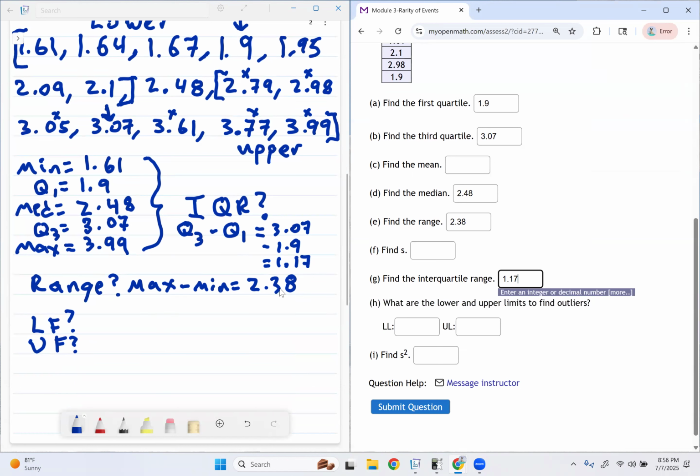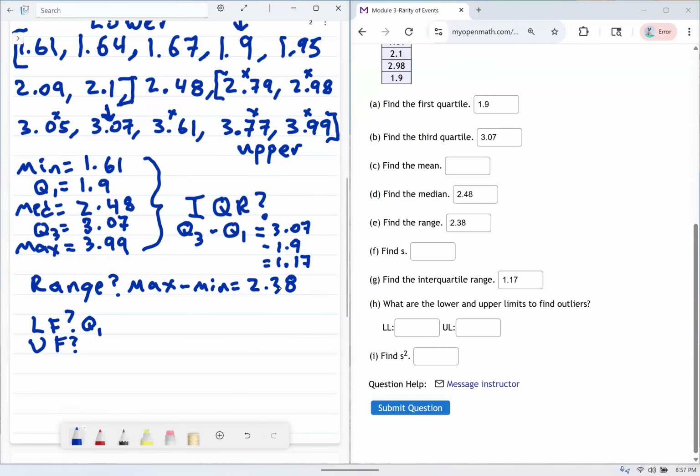To find the lower fence, I do Q1 minus 1.5 times the IQR. In this case, that's going to be my 1.9 value minus 1.5 times my IQR of 1.17.